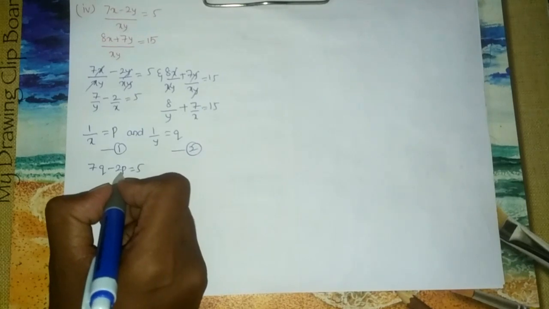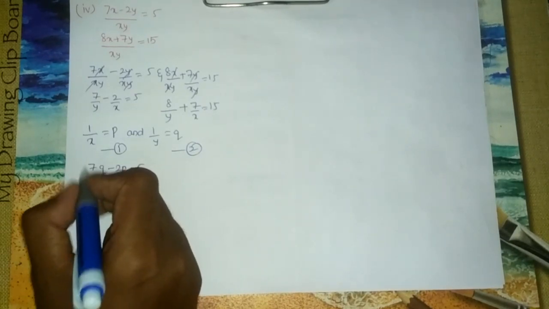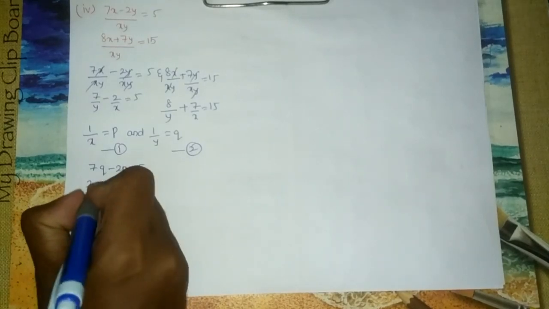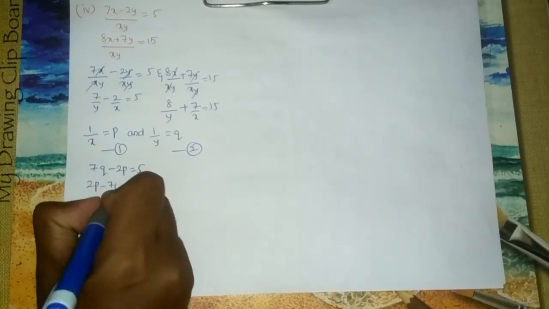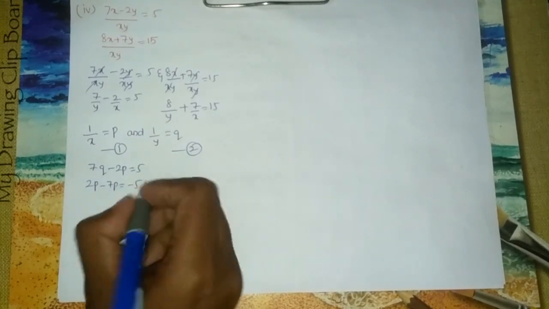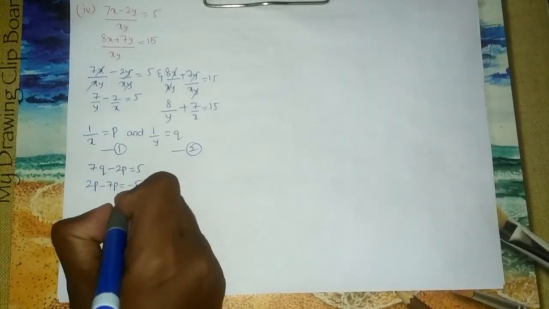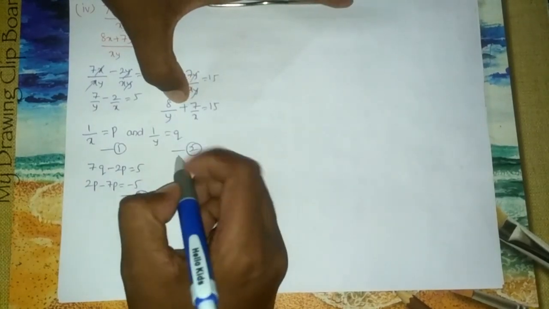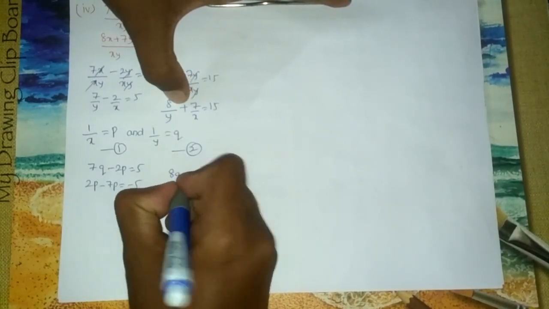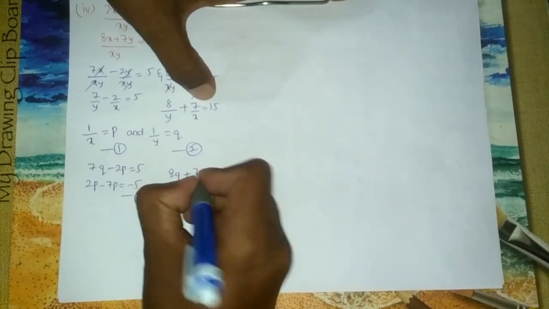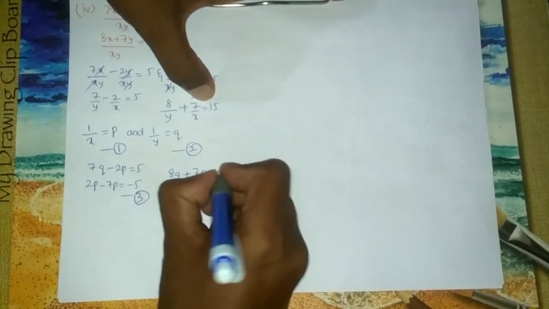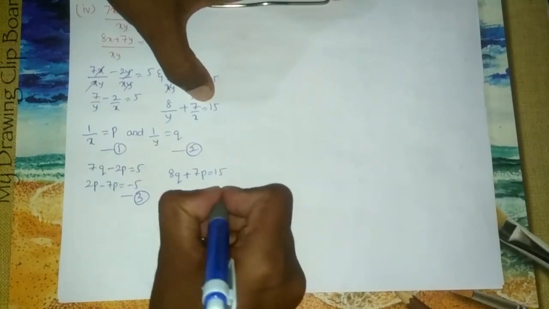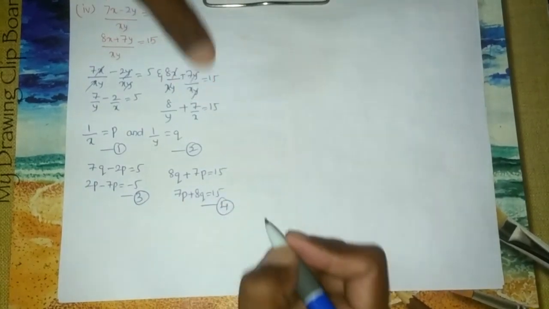If I multiply the whole with minus 1, I will get minus into minus is plus 2p minus 7q equals minus 5. Let me call this equation 3. Similarly, this 8 by y is 8q plus 7 by x is 7p equals 15, or 7p plus 8q equals 15. Call this equation 4.